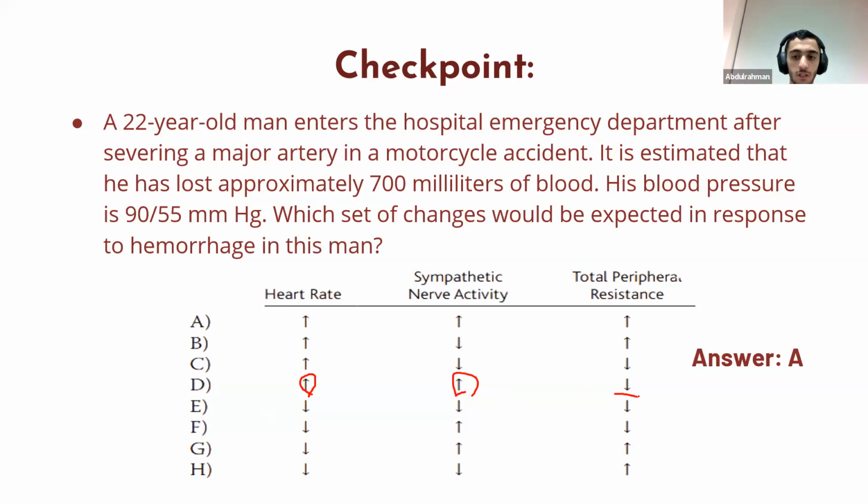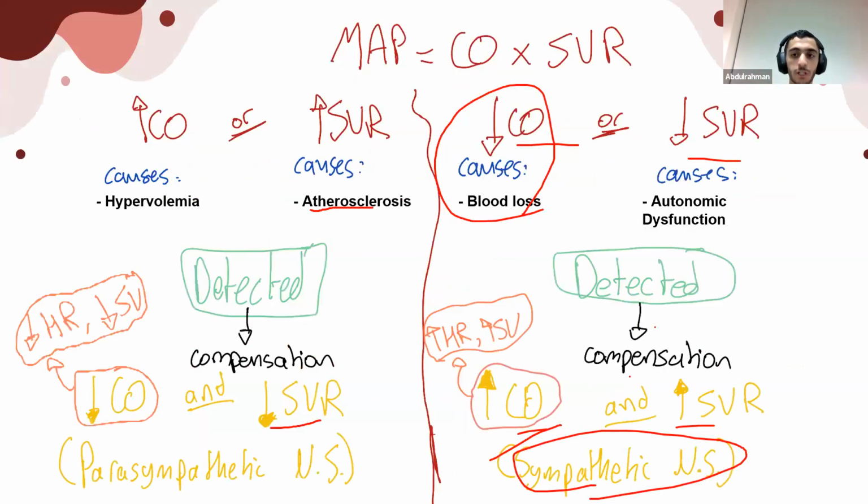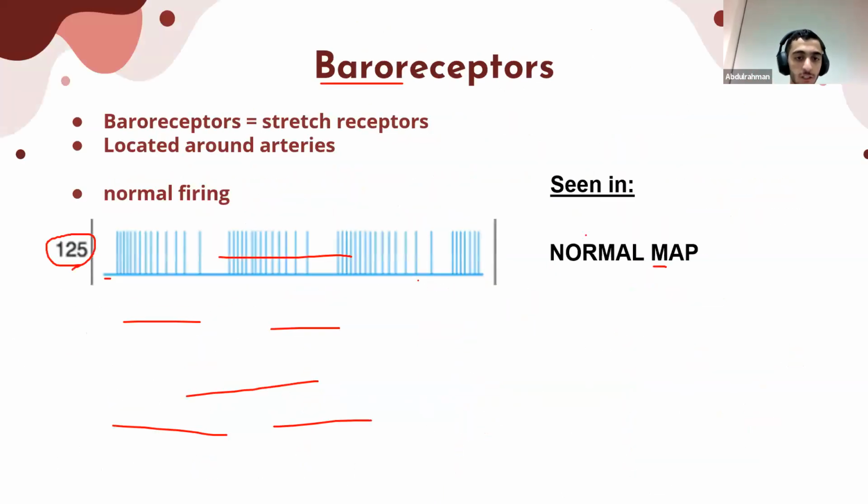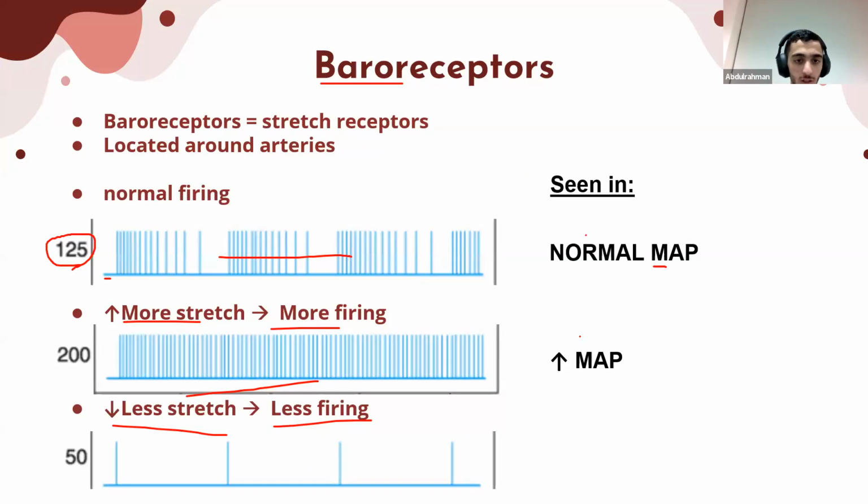And that's why it's not going to be choice D. At the same time, we're trying to correct the situation of low cardiac output by increasing the cardiac output, by increasing the heart rate and contractility, and by increasing the resistance through constricting. So that's why it's not D. I hope that's clear.